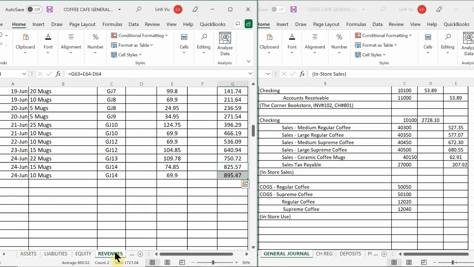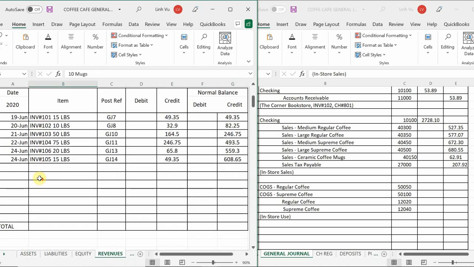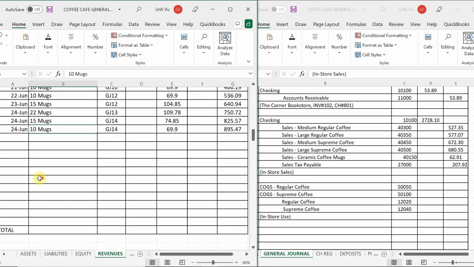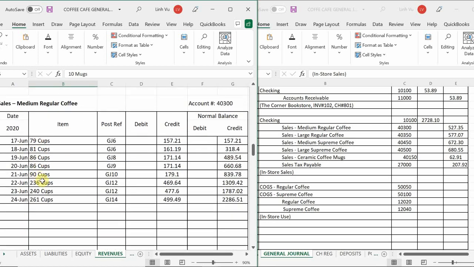You've got to go to sales. How many medium regular cups did we sell? 265. 265 cups, for $527.35.